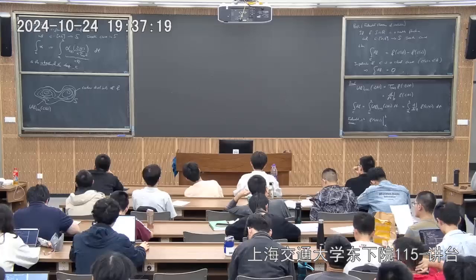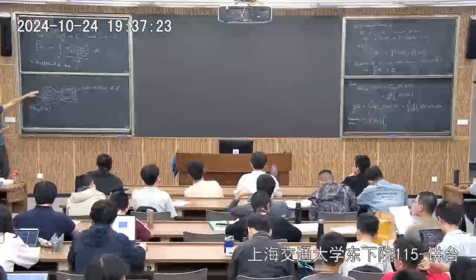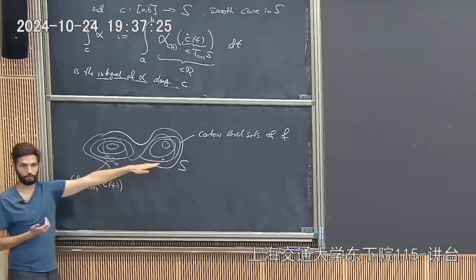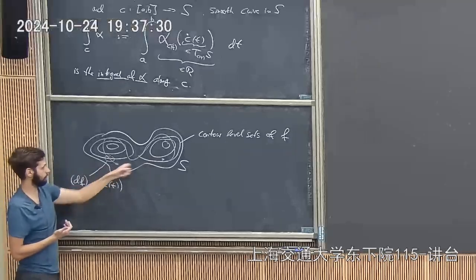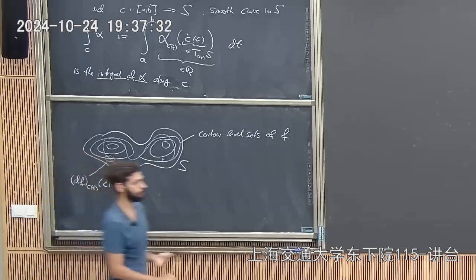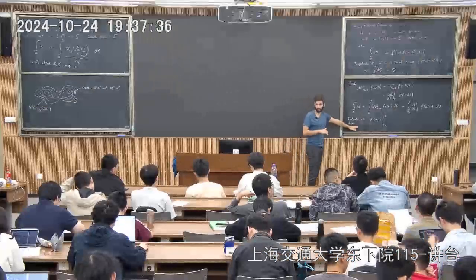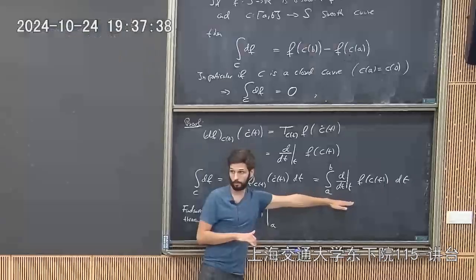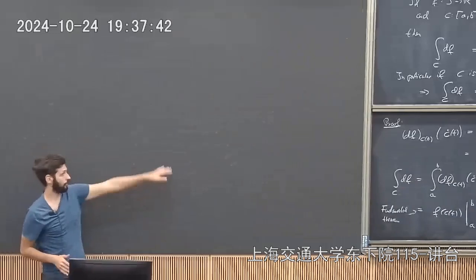So it's quite remarkable if you think of that in terms of this. If I had given you this question before, you would maybe have struggled to find this statement. But it's really just a very direct consequence of the fundamental theorem of calculus for this one-dimensional integral. So that's the surprising content of this theorem.